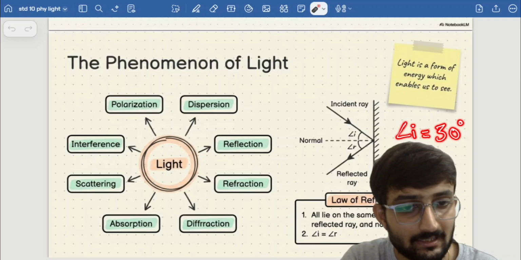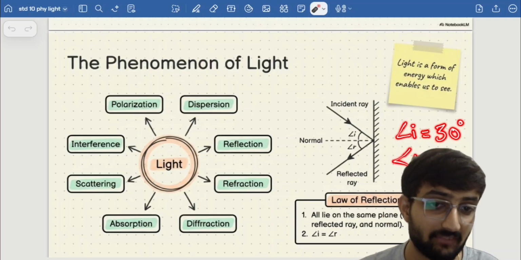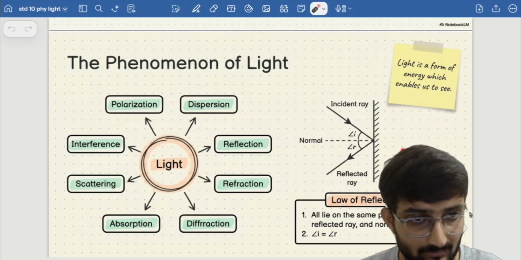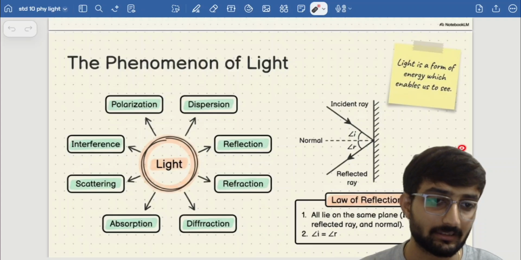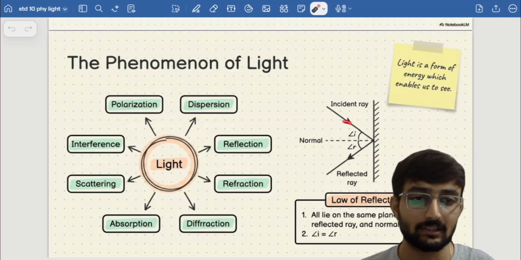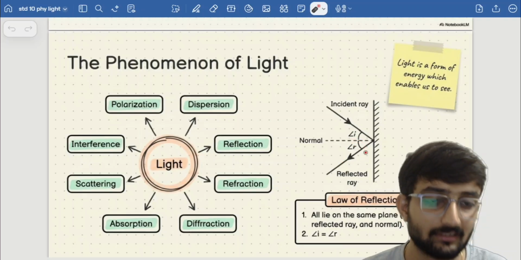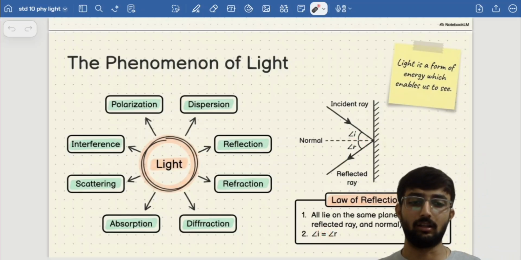That's why, according to the second law of reflection, the reflection angle should be 30 degrees. The value of the incident angle and the reflection angle should be equal.